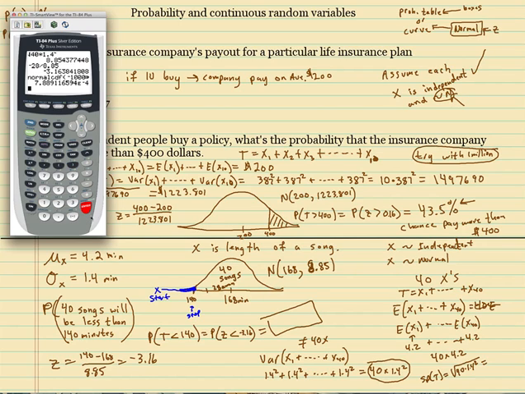Close it. It's going to be pretty small. It's going to be 0.0000788. Okay, so really small chance that 40 songs will be less than 140.